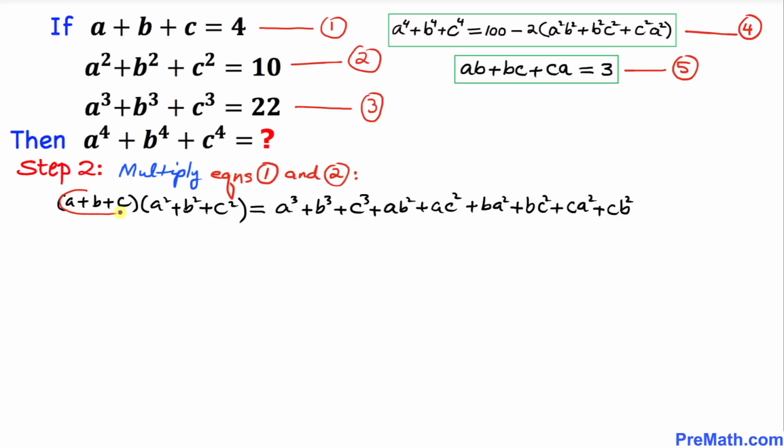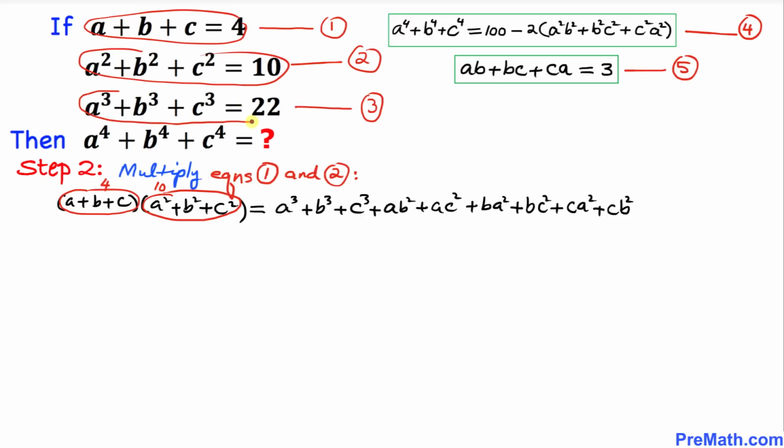Now let's look at this. A plus B plus C is equal to 4, so I'm going to replace this with 4. A square plus B square plus C square is 10, so I'm going to replace this with 10. And finally, A cube plus B cube plus C cube equals 22, so I'm going to replace that with 22.